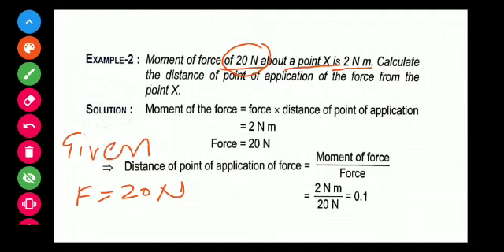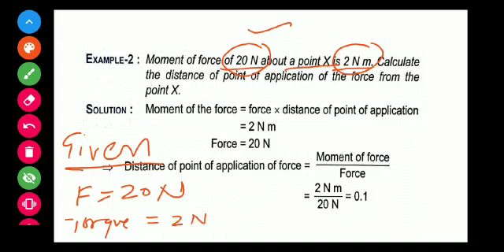So first of all, what is the given quantity? Number one, force is given, that is 20 Newton. 2 Newton meter is the unit of torque. It means torque is given. Your torque is equal to 2 Newton meter.